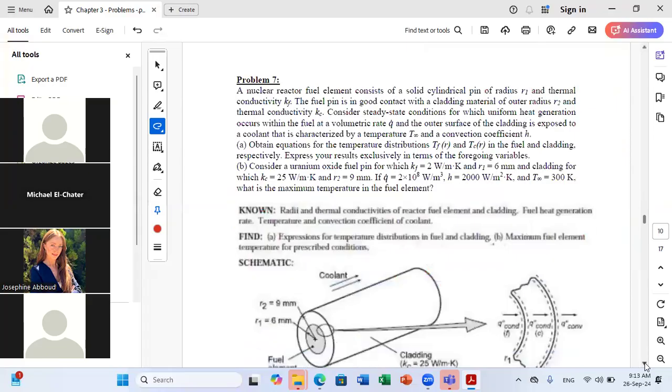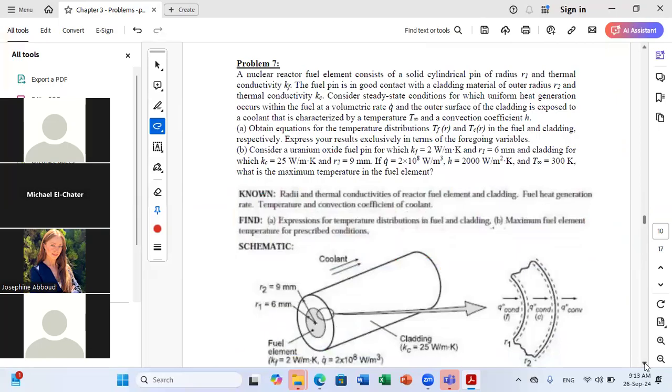Okay. So here, now you will see that ideas are very similar. So we just have to always determine what type of coordinates to use and how to draw our circuit. So in a nuclear reactor, fuel elements consist of a solid cylindrical pin of radius R1 and thermal conductivity Kf. The fuel pin is in good contact with a cladding material of outer radius R2 and thermal conductivity Kc.